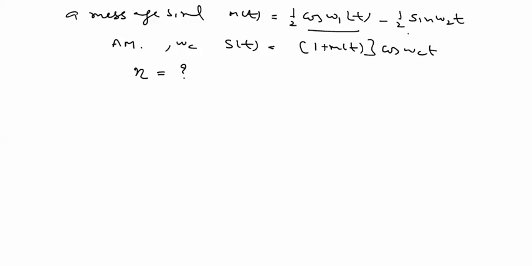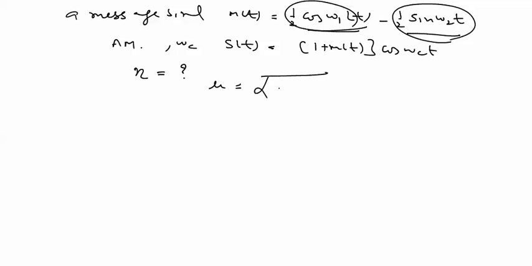This is the case of multi-tone. There are two types of frequency. In the multi-tone case, mu is modified. Mu is modified due to the first component and also due to the second component. Modified mu is root of mu1 square plus mu2 square.